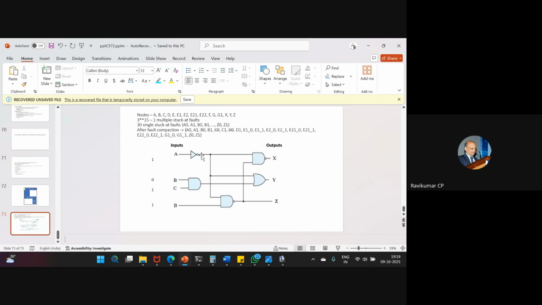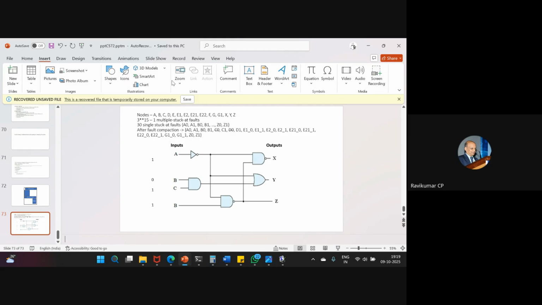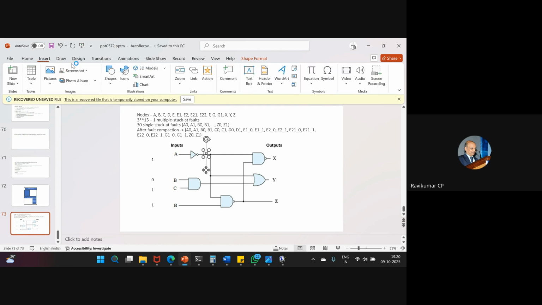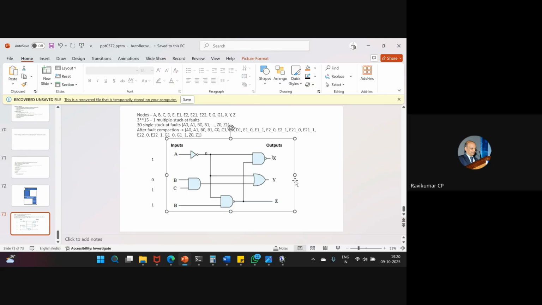If I put a 1 here, the good circuit will produce a 0. And as a result, the output X will be 1. And this will be 0.